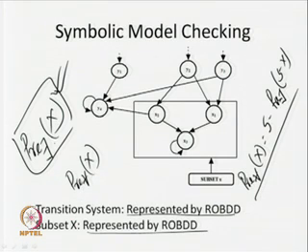Then we will see how we are going to implement our model checking algorithm with the help of ROBDDs. That means, we represent our transition system with ROBDDs, and implement the model checking algorithm with their help. In this case, we are going to call this the symbolic model checking algorithm.